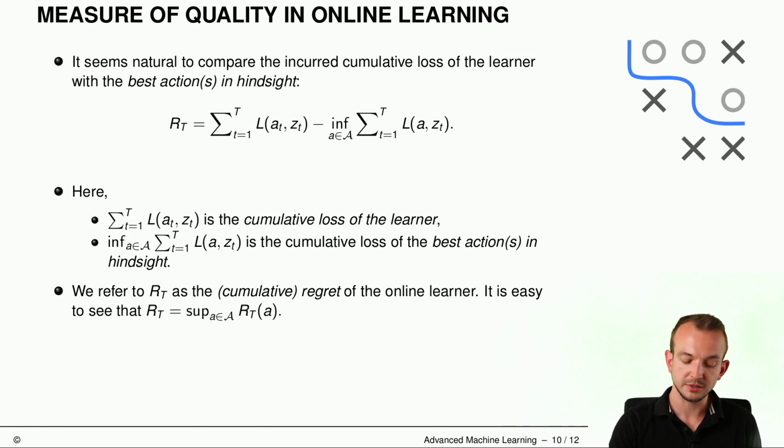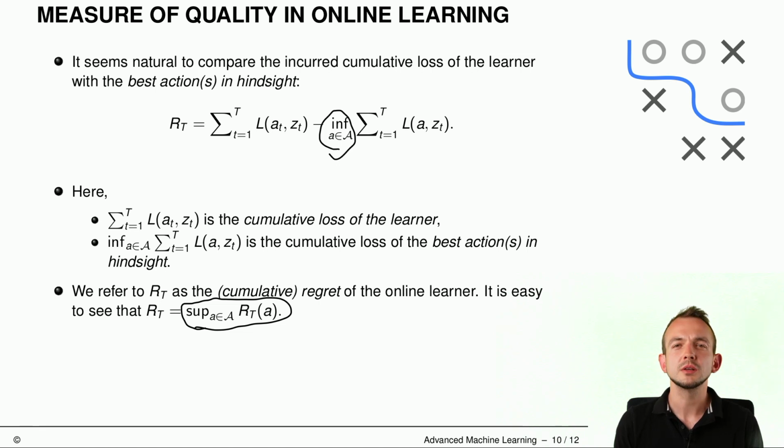And there's an obvious relationship between this regret, with the infimum in front of the second sum, and the regret we saw before, the regret with respect to some competing action A. Simply the following: this regret is nothing else than the supremum over all possible actions of the regret with respect to the competing action A, because we can flip the supremum with the minus in the difference to an infimum, and we have the equivalence here.